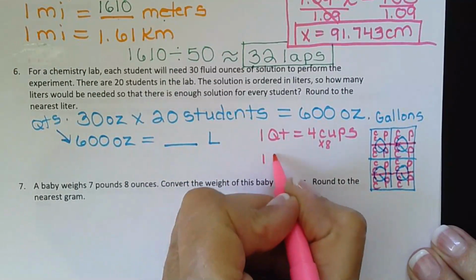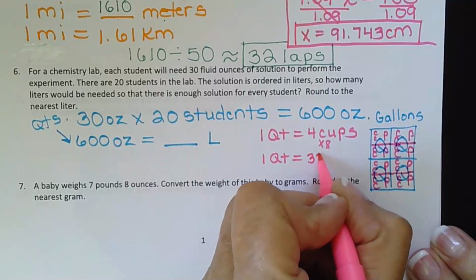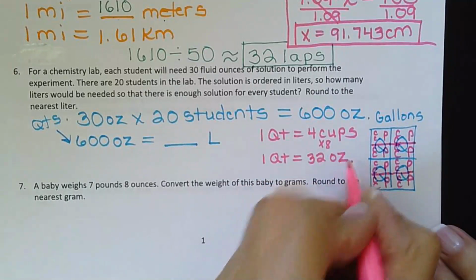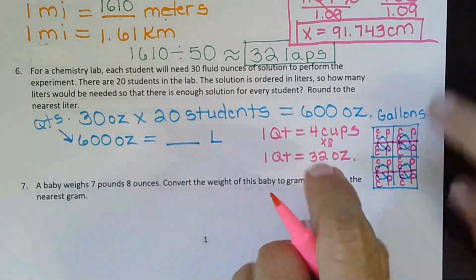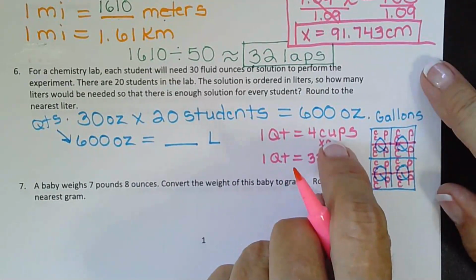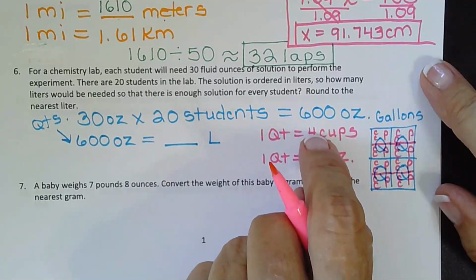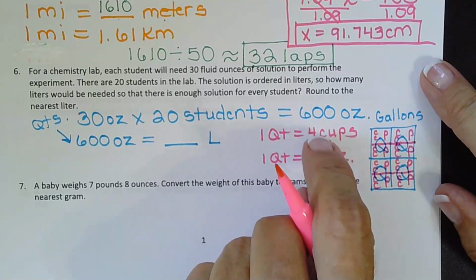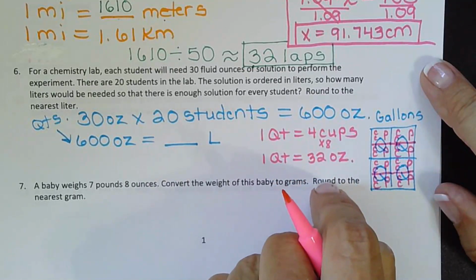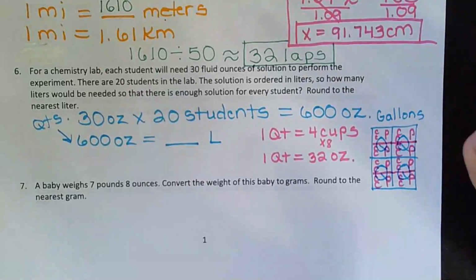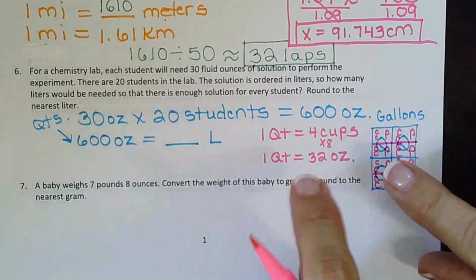So 1 quart equals 32 ounces. Well, that's a lot of work. So 4 cups in a quart, which we can see from Gallon Man, and from our formula sheet every cup has 8 ounces. 8 times 4 is 32. So we finally know how many ounces are in a quart.